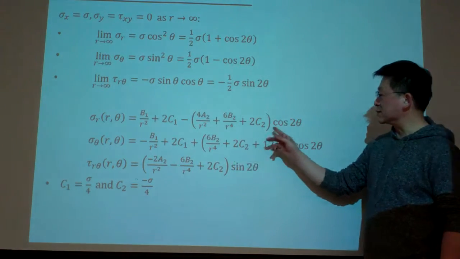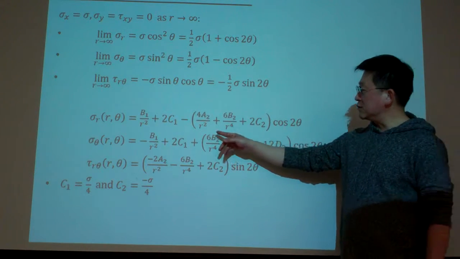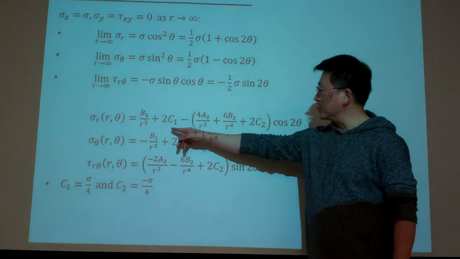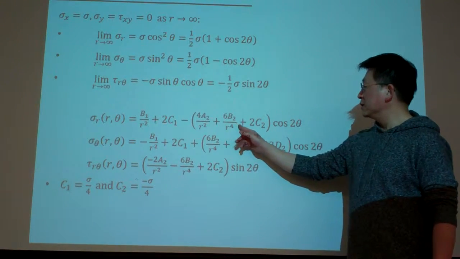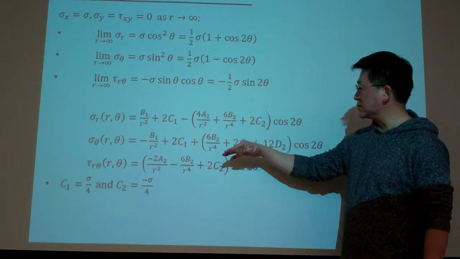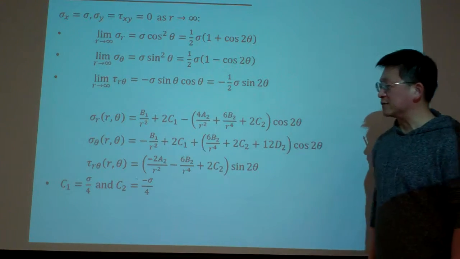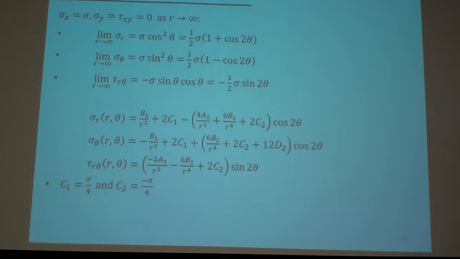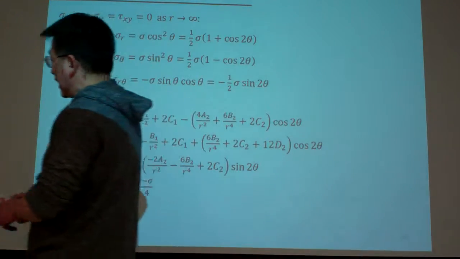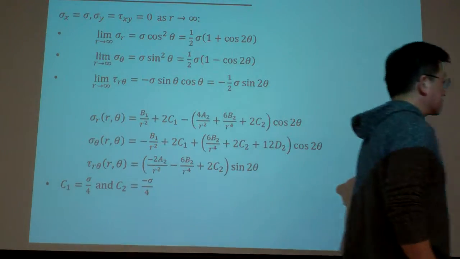Then you can see that when r approaches infinity, those terms will be gone, leaving C1 and C2 alone. From here we can solve for C1, C2. So that's the first step, boundary condition 1. The second boundary condition happens next. Let me move on to the next slide.